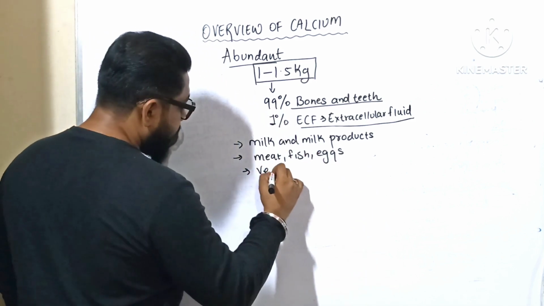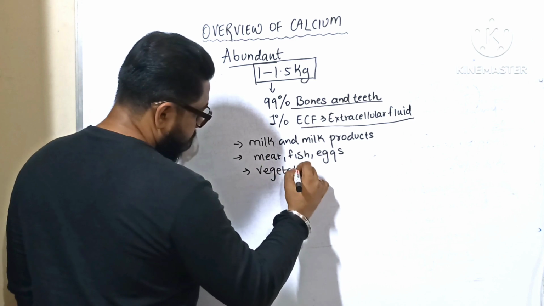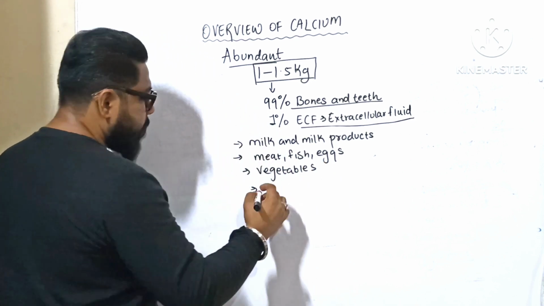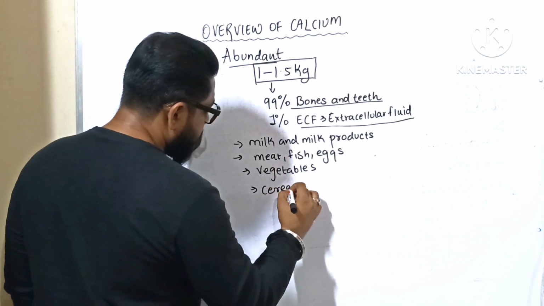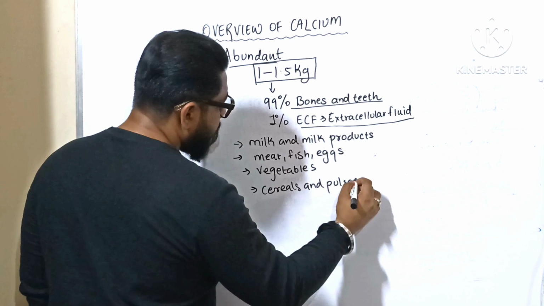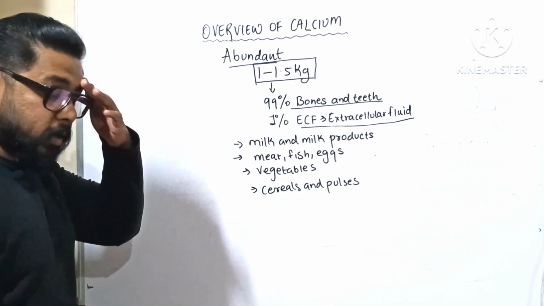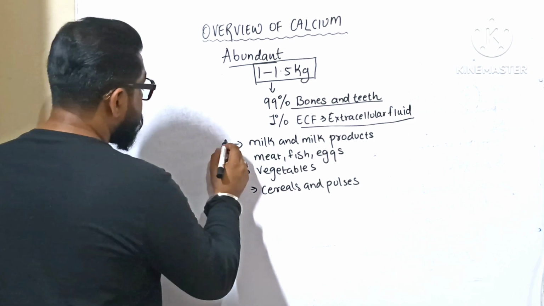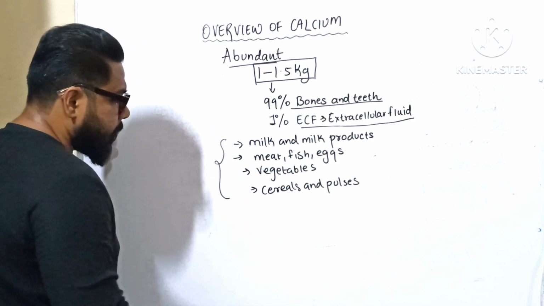Next is vegetables. And at last we can count cereals and pulses, not a rich source, but still you can count them as a calcium source. So these are the sources from where you can get calcium.